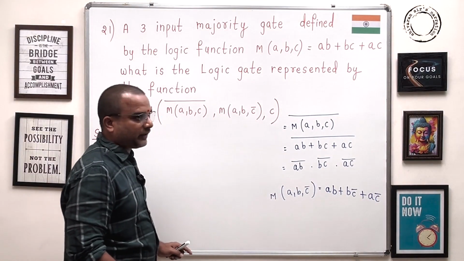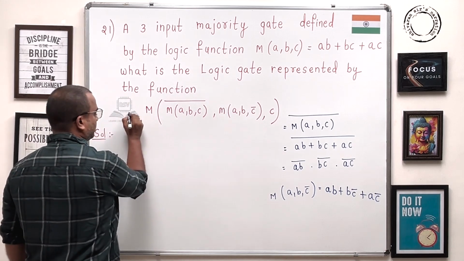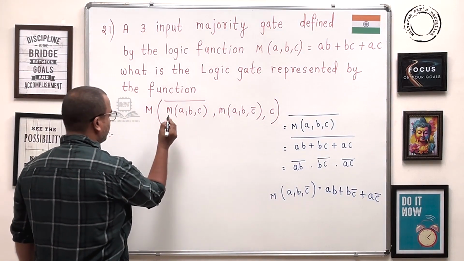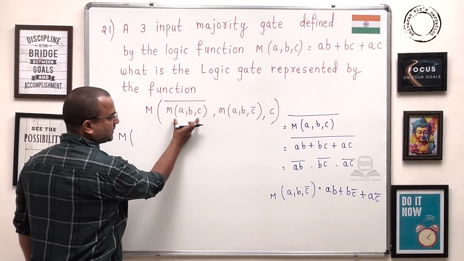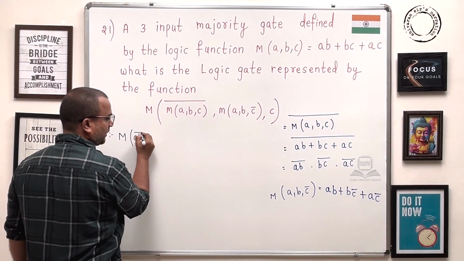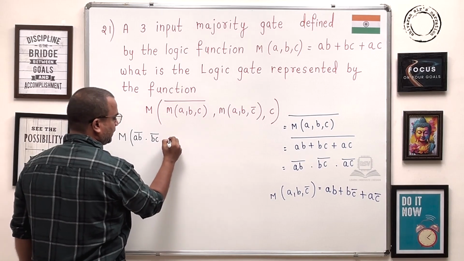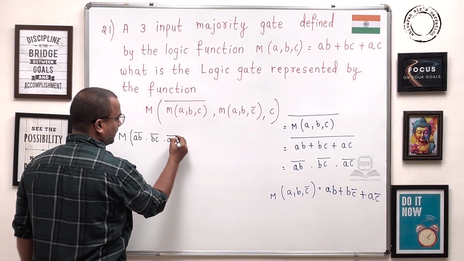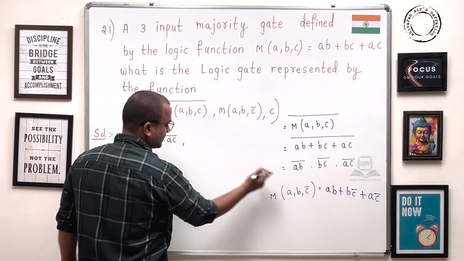Okay guys, fine. Now let's dive into the actual solution. So let's write it, m of, what is this? You can see there, AB whole bar into BC whole bar into AC whole bar, comma. This one, what is it?